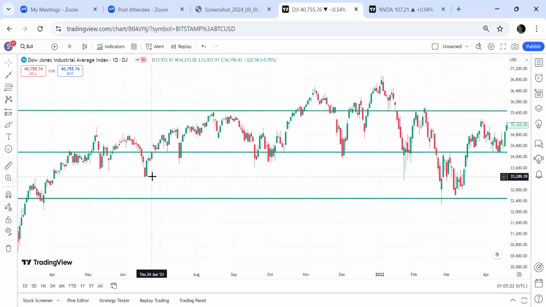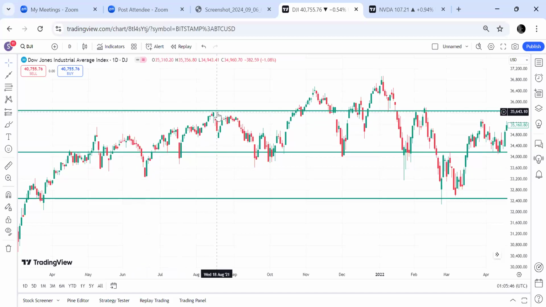This can also be a tweezer bottom, without breaking the previous low. The only indication of a tweezer bottom and tweezer top is that it doesn't have to break the previous low. If the complete reversal candle is forming without breaking the previous low, then it is a tweezer bottom.